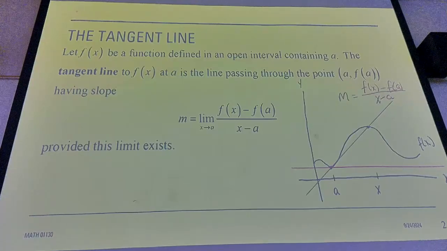Right, so it's just the limit as x approaches a of f of x minus f of a over x minus a, provided that that limit exists. Replace f with a position function.